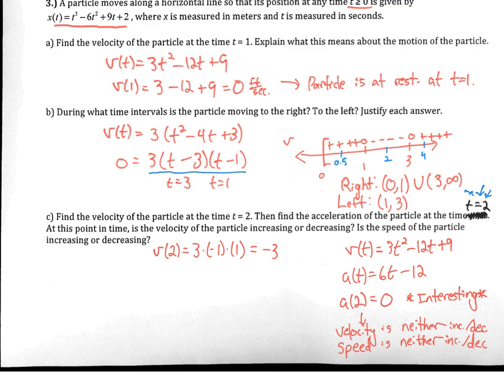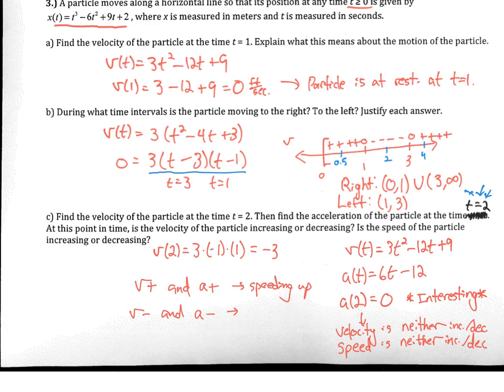Remember that if a particle has both positive velocity and positive acceleration, that means that the particle is speeding up. And if the velocity is negative and the acceleration is negative, that means the particle is also speeding up.